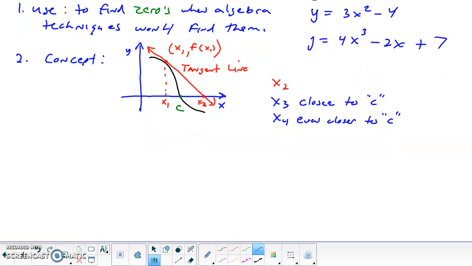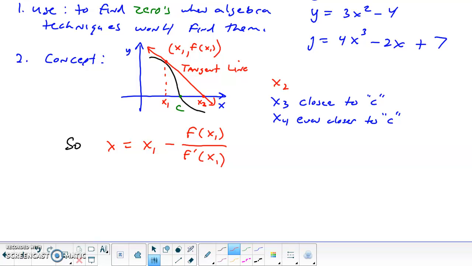So what's that formula? Here's the way they write it. X equals x sub 1 minus f of x sub 1 divided by f prime of x sub 1. All right, so there's calculus now. We've got a derivative involved, right?